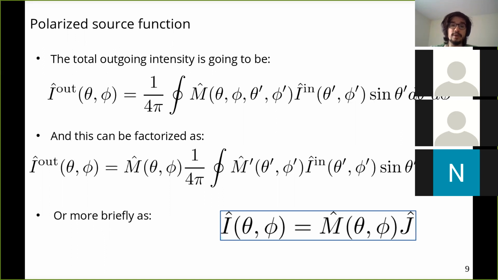One matrix only depends on incoming angles, the other one only depends on the outgoing angles, which means that the submatrix that depends only on the outgoing angles can be taken out from the integral, and I can integrate over the incoming intensity, over the incoming angles, times this part of the matrix which deals with the incoming angles, and I can call this quantity here, let's call it polarized mean intensity or something like that, or radiation field tensor or whatever you like, right?